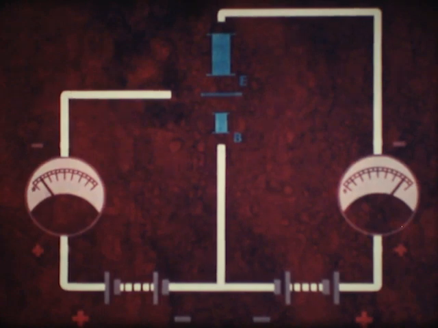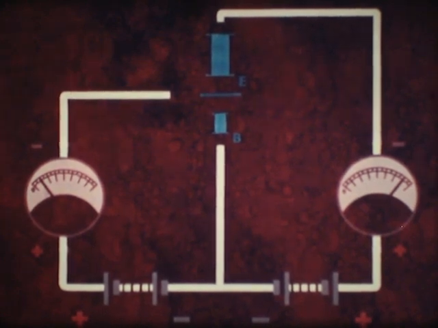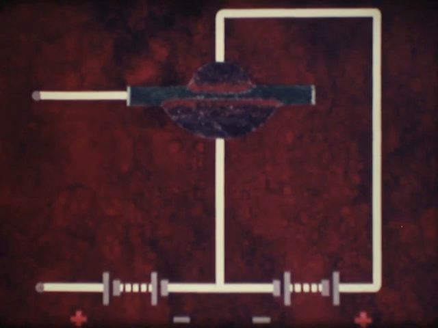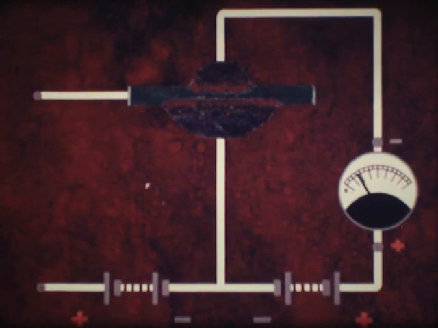Their ratio is known as the current gain of the transistor in common collector configuration. By again disconnecting the input circuit, a large residual current will be seen to flow in the output circuit. This current is called I EC0.